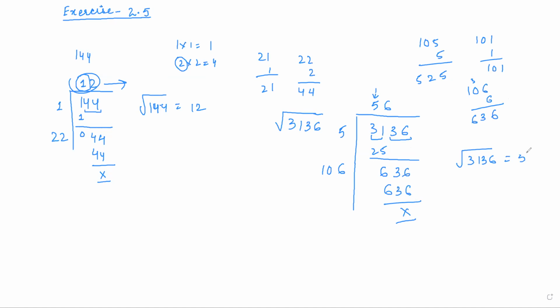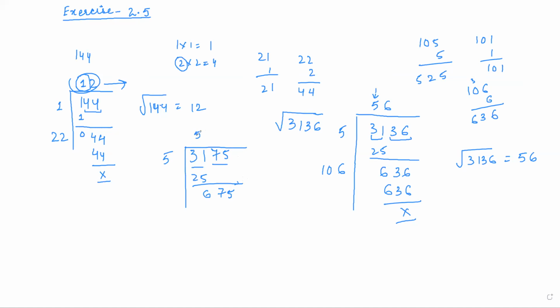Yes. Okay. And let's take a number which is not a perfect square this time. So let me just increase something here. So 3, 1, let's take 7, 5, right? Okay. Again, you make pair. And similarly, 5 into 5 is 25, first of all. Then I get 6, okay? And bring down 75.